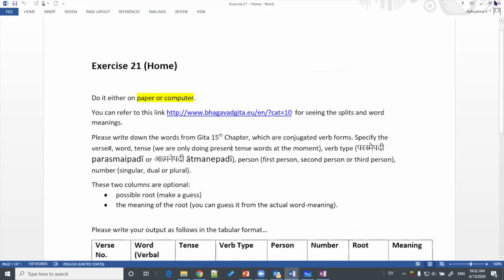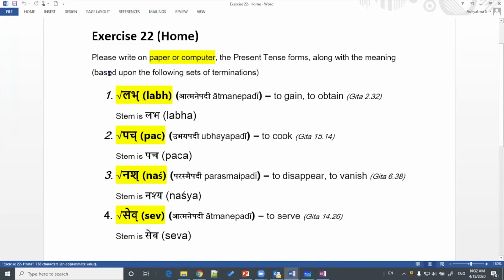So this is one exercise, and the other exercise is, you would write, this can be done on paper or computer again, the forms of labh, pach, nash or sev.